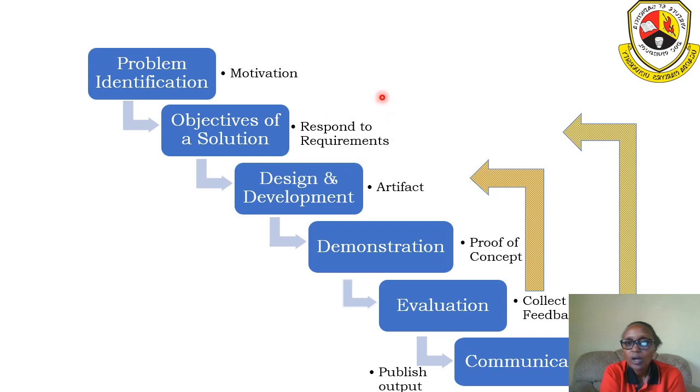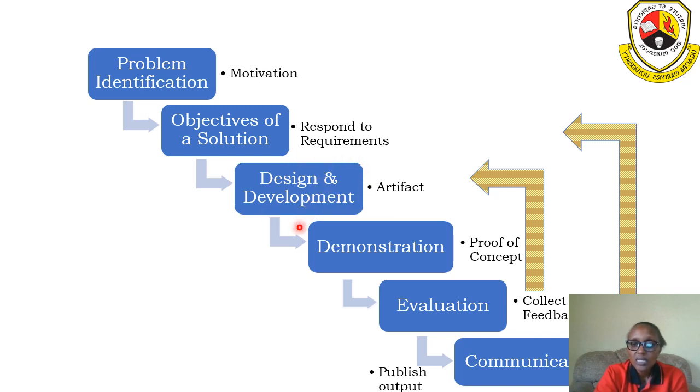So here we say we want to discover what requirements the e-learning system should have. What are the system requirements? What are the assumptions we are taking about the users, the environment, and so on and so forth? Once we get those, we design and develop our artifact.